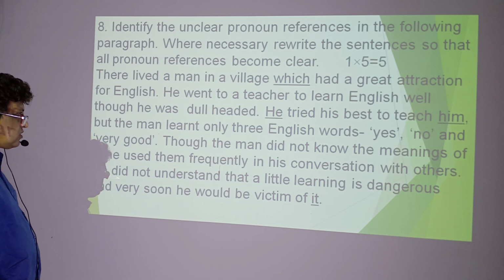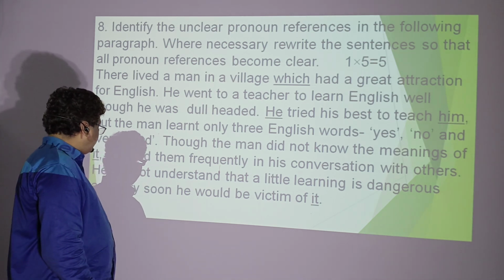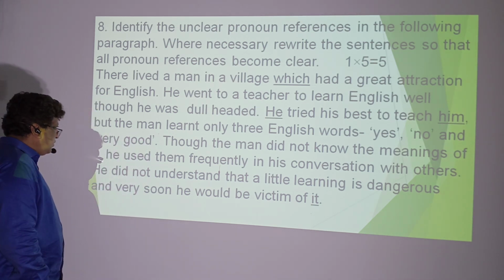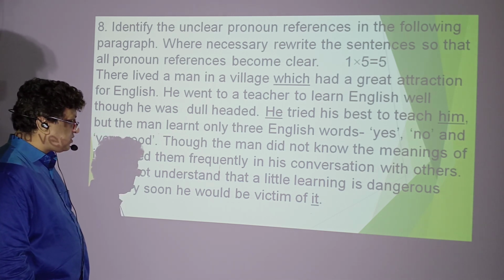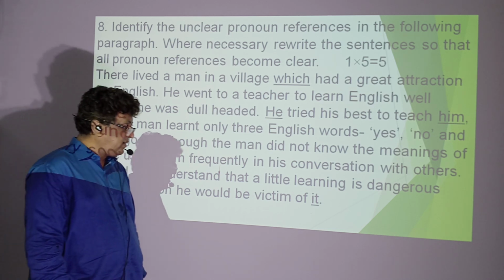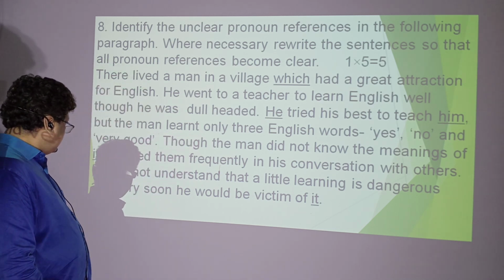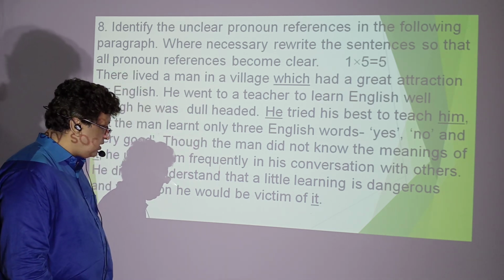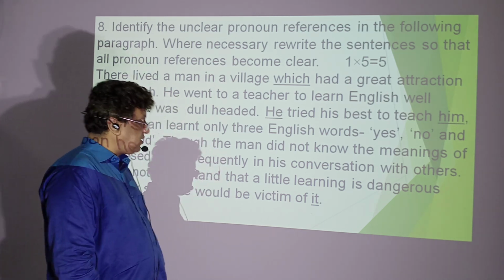Though the man did not know the meaning of it, he used them frequently in his conversation with others. He did not understand that a little learning is dangerous, and very soon he would be victim of it.